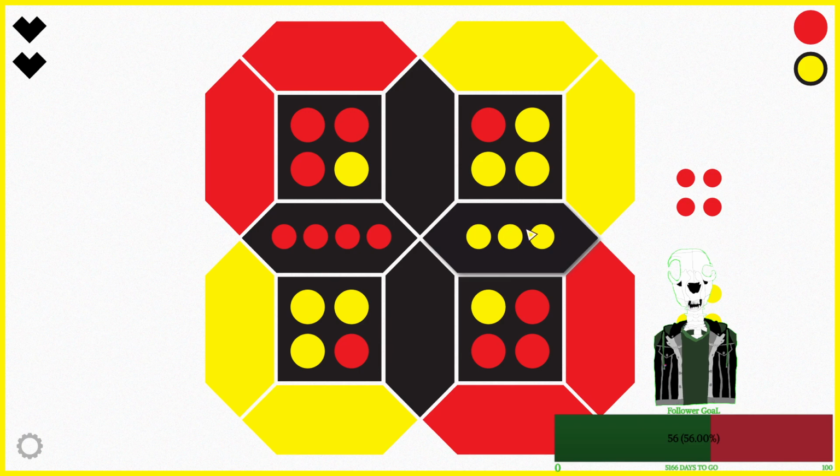I think this is the linchpin. This has to touch 3 yellows, right? It's touching 1. So either both of these are yellow and both of these are red, or both of these are red and both of these are yellow.